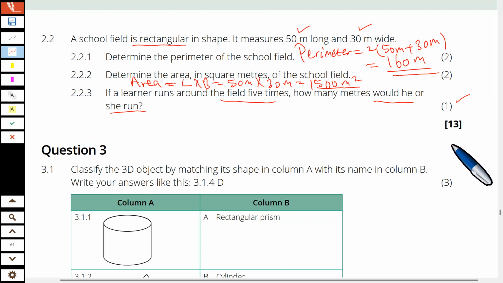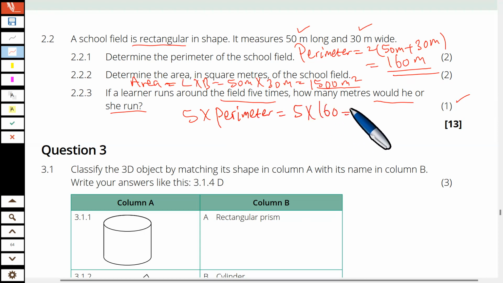So let's look at this one. Obviously, this learner runs around 5 times. But the perimeter is what? It is 160. So it's going to be 5 times the perimeter, which is 5 times 160.